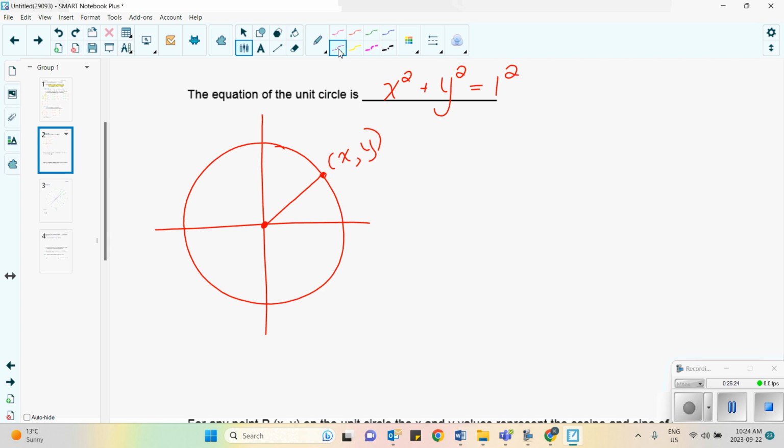All right. So let's look at that right angle triangle I just drew onto the unit circle. You guys would all agree that the x coordinate would measure over to here, and the y coordinate would measure up to here.